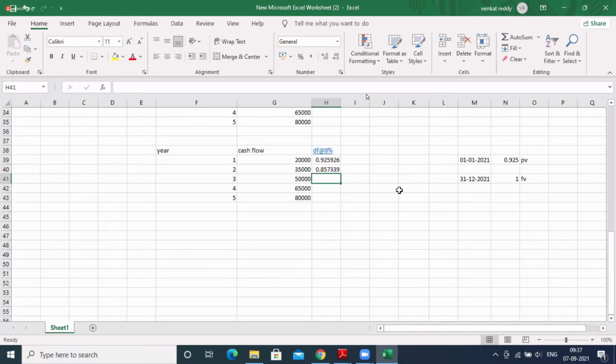So it means that if you are expecting to receive $1 on 31st December 2022, the value of $1 in present terms will be 0.857.